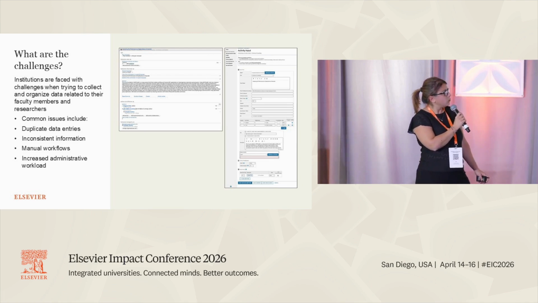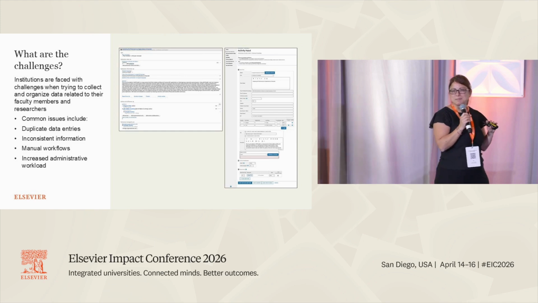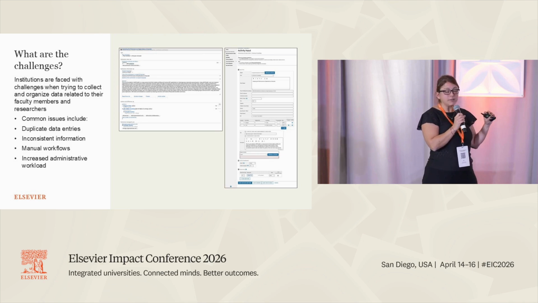What I tried to show in the two images, but it's extremely small, so you cannot see it, but I will tell you. It's simply the same record, the same publication, imported on the left in Pure and on the right in FAR.